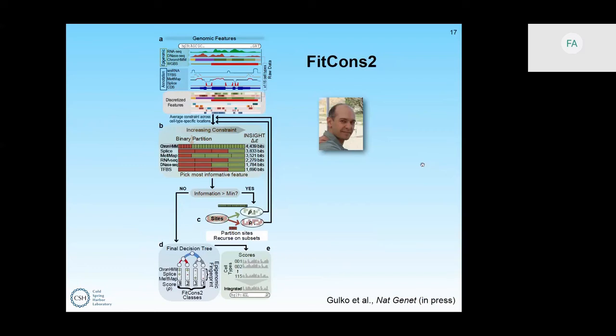So this is a fairly big data analysis project. And then on every step of the algorithm, we look at possible binary splits associated with each of these features. We consider many possible splits, and we choose the one that is most informative, and we also choose the point on the tree where it's most informative. And in this way, we grow a decision tree that allows us to classify sites in the genome.